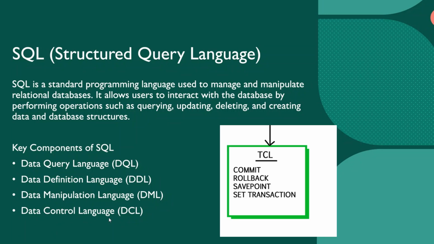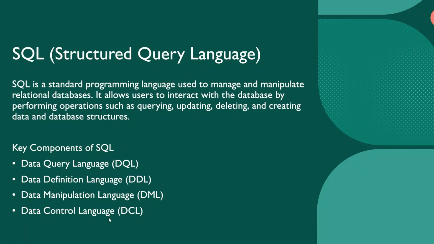Transaction Control Language is used to manage transactions within a database, and the common commands used are commit, to save all the changes made in a transaction; rollback, which is used to revert the changes made in that transaction; and savepoint, which sets a point to roll back to. These are the common commands we use in the Transaction Control Language.